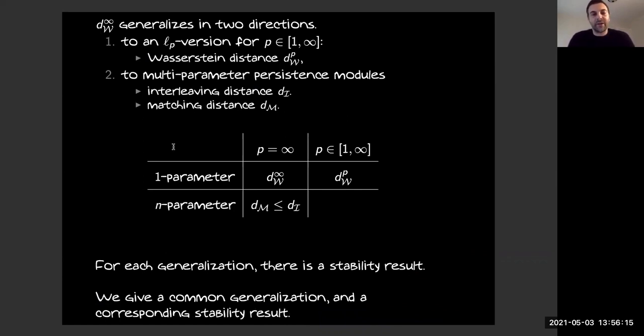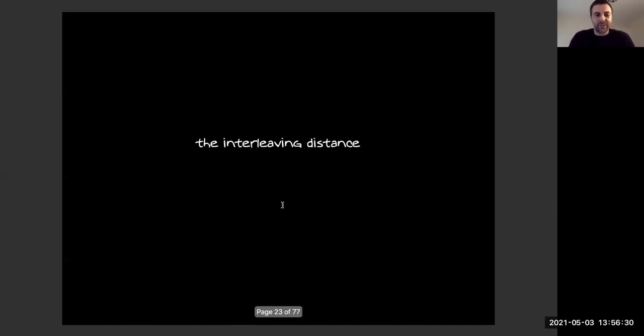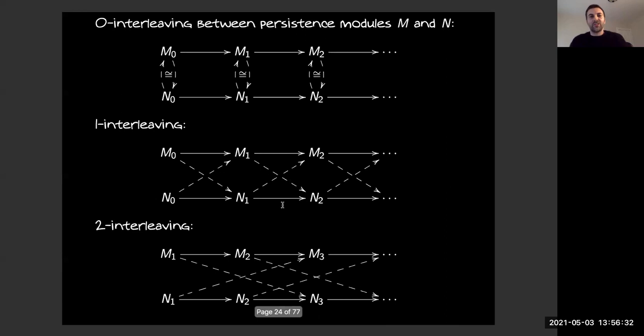Now let's talk about the multiparameter setting, the other direction of generalization. I said we have 2 distances that we want to define, and I'm going to start with the interleaving distance. I'll go through this quickly because I assume most of you have seen it, but interleavings are used to define the interleaving distance, and they're easy to draw for persistence modules indexed by the natural numbers.